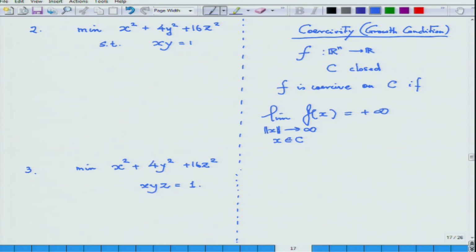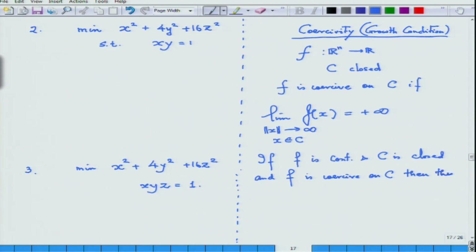So, if f is continuous and C is closed and f is coercive on C, then there exists a global minimizer of f on C.